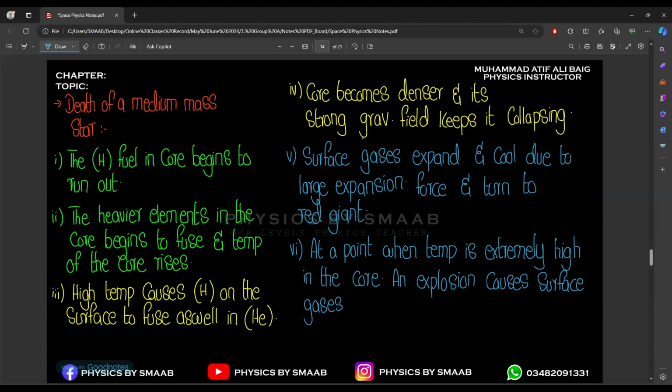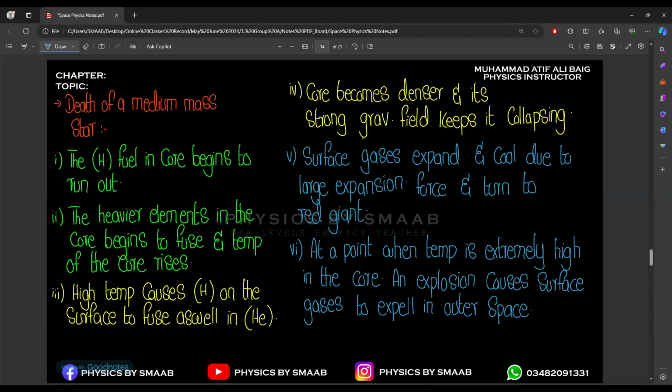So those gases will be added into the outer space.